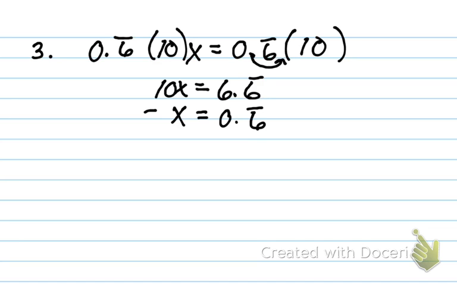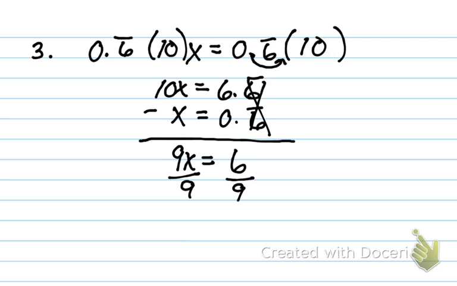And now a really, really nice thing happens. When I subtract my repeating decimals from each other, it doesn't matter that it goes on to infinity because I'm subtracting the exact same value. So what happens? It cancels out. All right. Now what's 10x minus x? 9x equals 6. Divide both sides by 9, and you get 2/3.